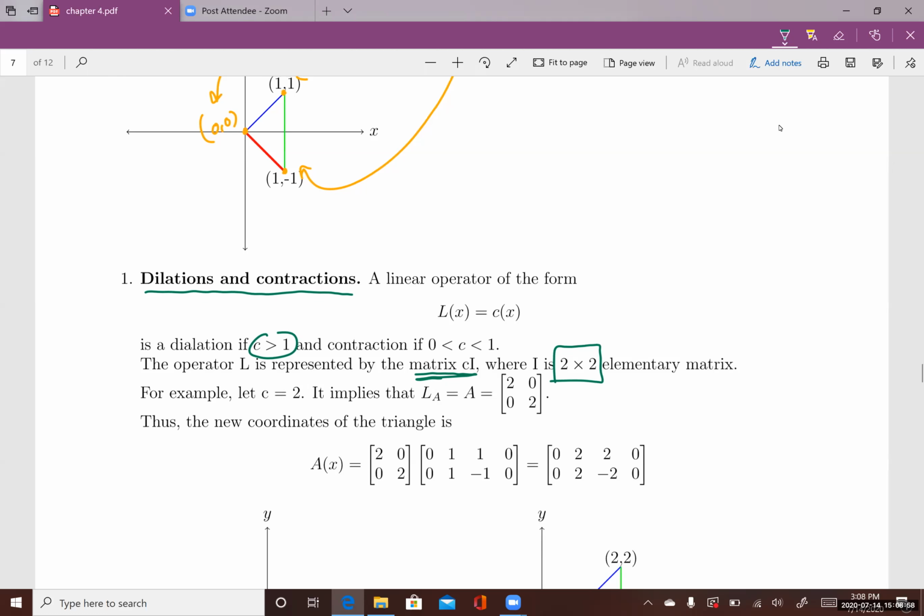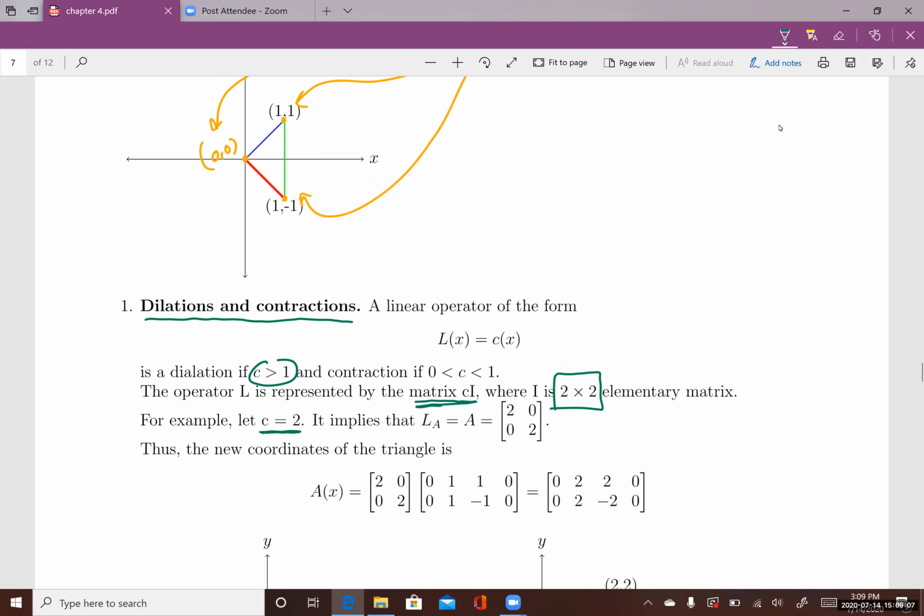For example, in two-dimensional space, if c equals 2, that means you want to dilate this triangle by 2. Then the matrix A, the matrix representation for this dilation, is 2, 0, 0, 2. You take 2, multiply by the identity matrix.